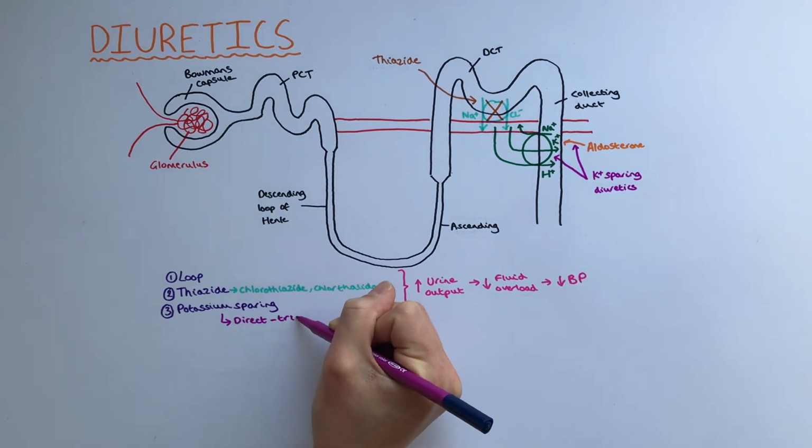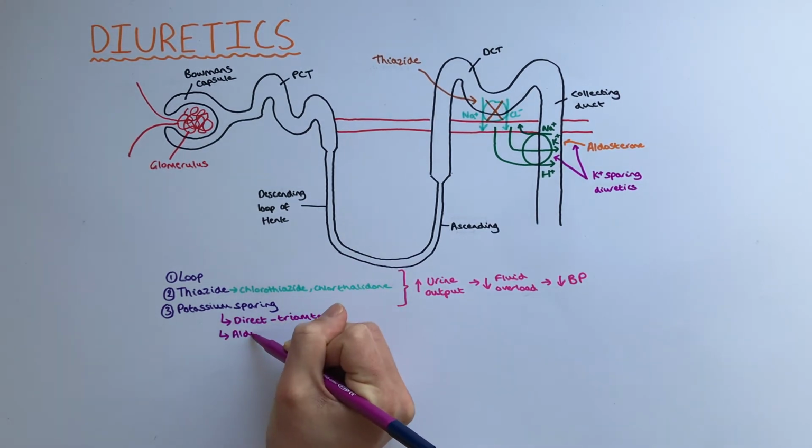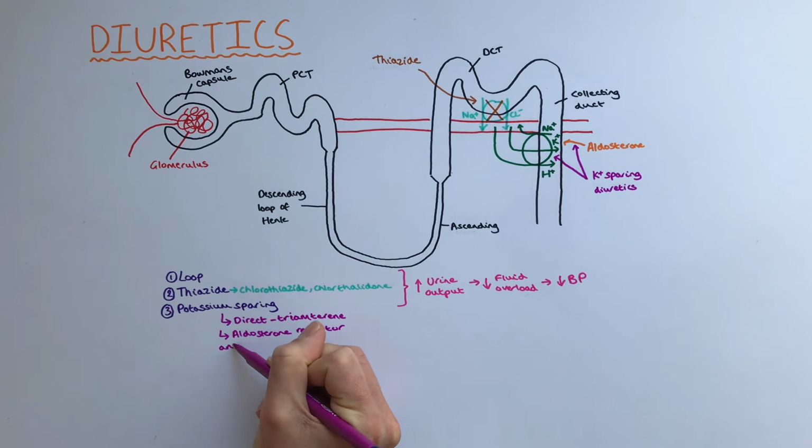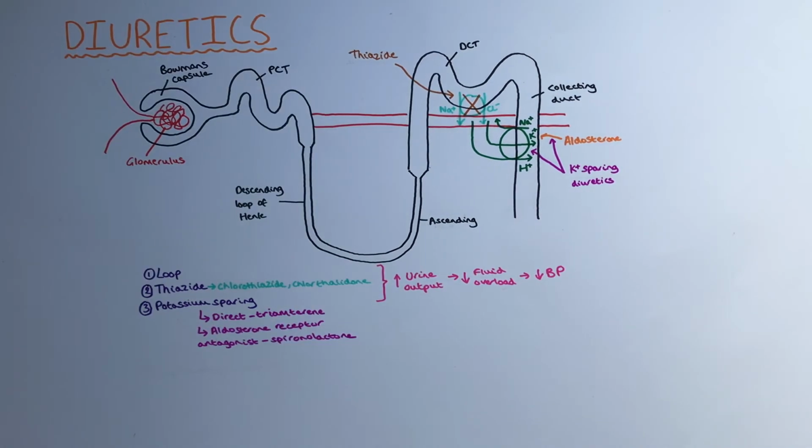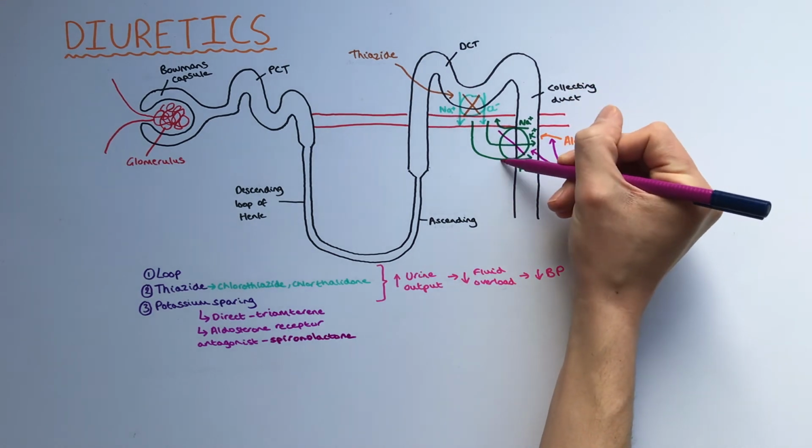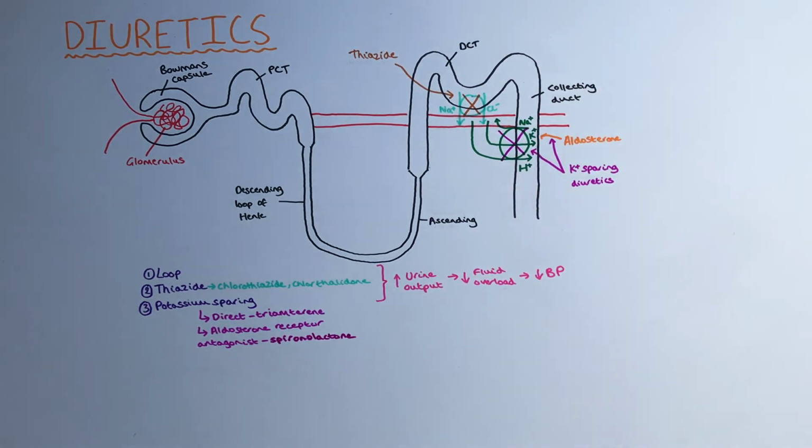A direct inhibitor is triamterene and an aldosterone receptor antagonist is spironolactone. Either way, they both reduce sodium reabsorption and therefore water reabsorption, so blood pressure decreases. It also inhibits potassium secretion, so potassium is spared, suggesting why they are called potassium-sparing diuretics.